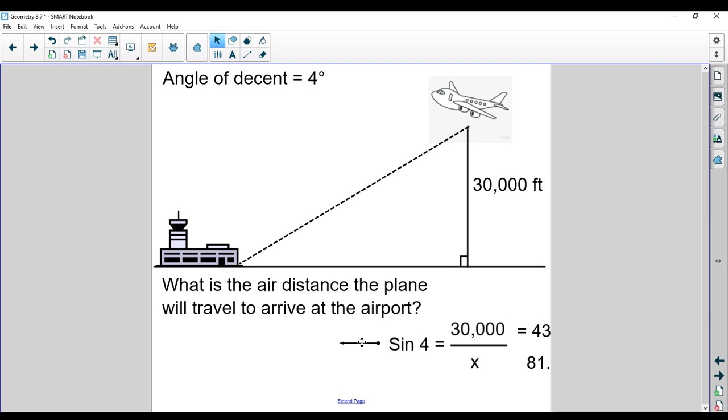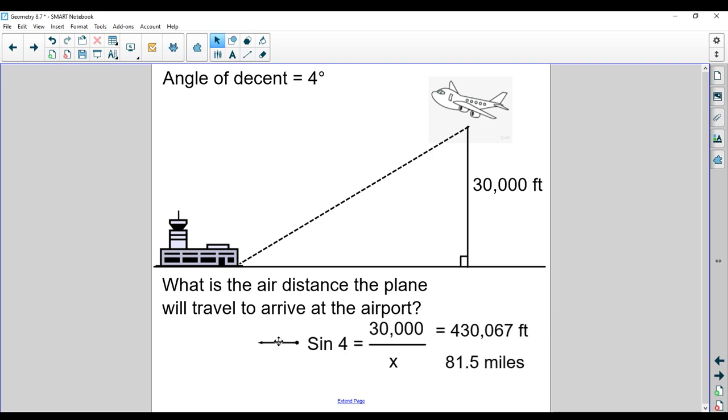When I do that, I find that it is approximately 430,000 feet. And when I convert that by dividing by 5,280, I find that the plane will fly approximately 81.5 miles in the air to get to the airport.